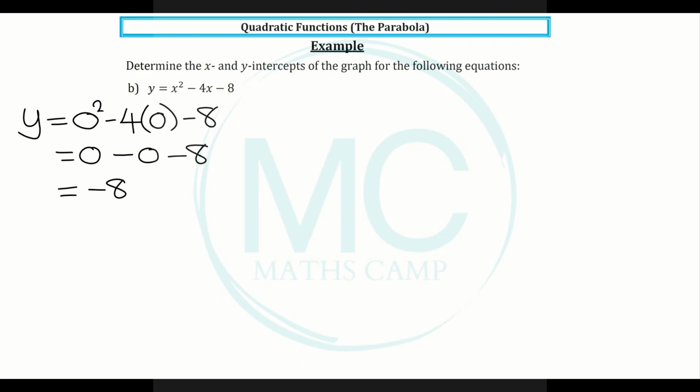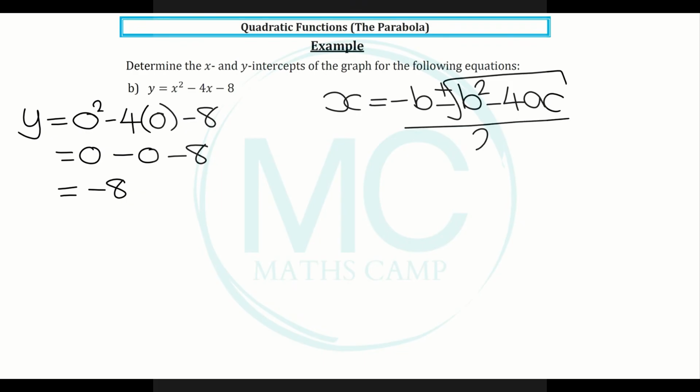To find the x-intercept, in this case, we have a 3-term quadratic. So we're going to use the quadratic formula. X is equal to negative b plus or minus the square root of b squared minus 4ac, all over 2a.